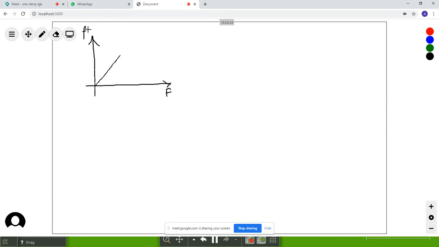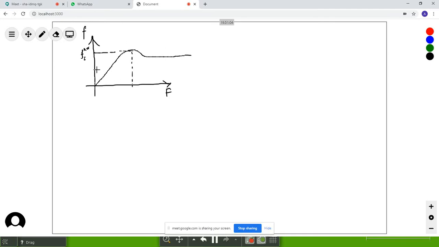I can make this friction, mu into R, normal reaction. So the graph will be like this: it reaches the maximum value, then starts decreasing, and then it becomes constant. Can you guess what this is? This is the maximum value of static friction, which is the limiting friction.